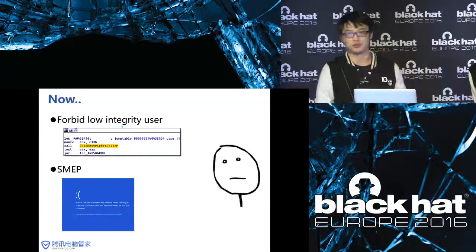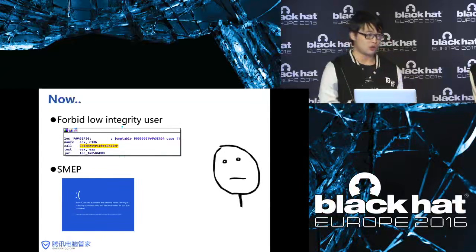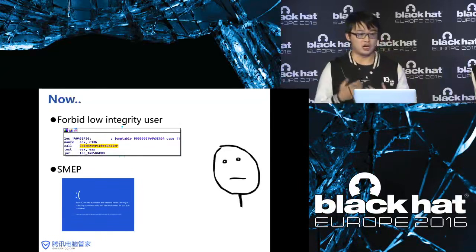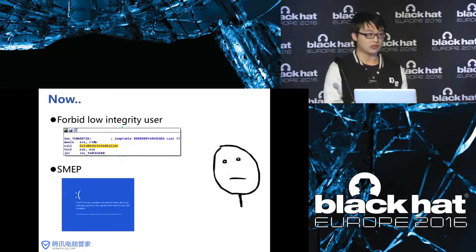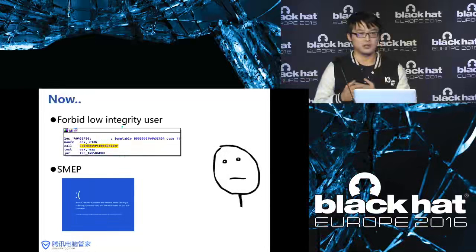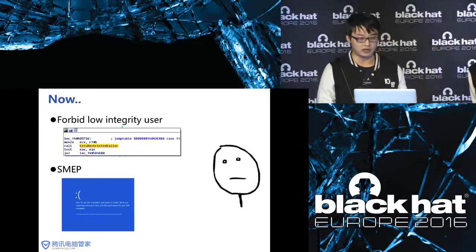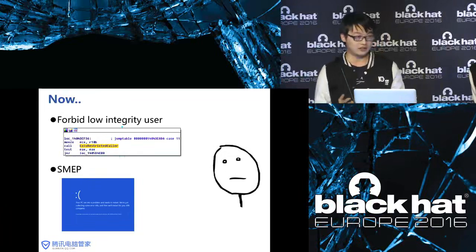Windows will check whether the process is a high integrity user or a low integrity user. If it is a low integrity user, when we call the function NtQuerySystemInformation to get the loading base address of the kernel modules, what we get is only a status of access denied.